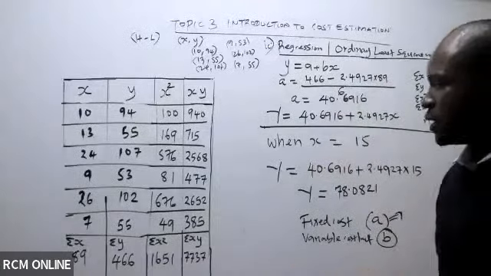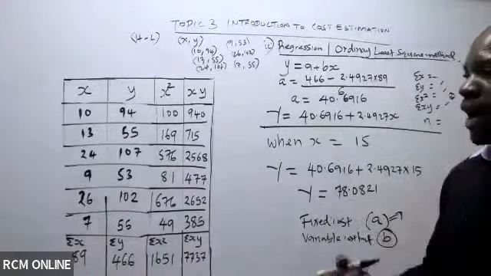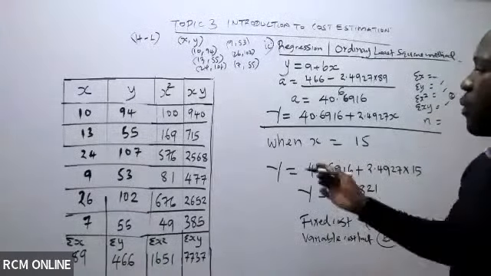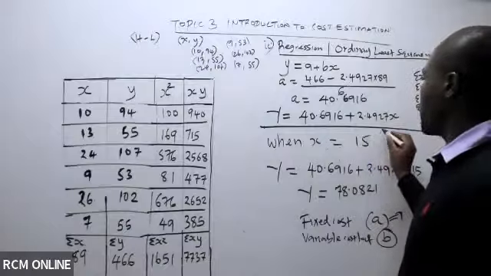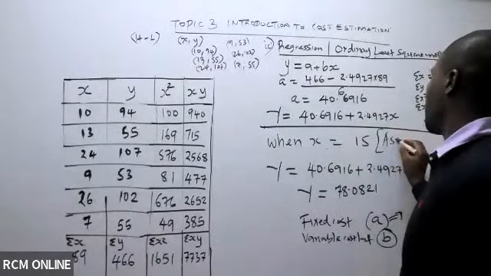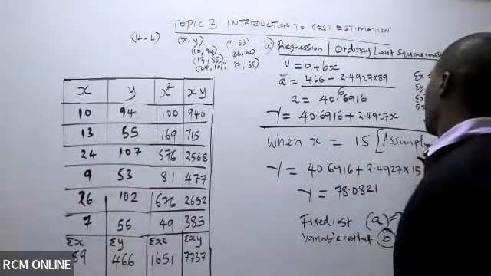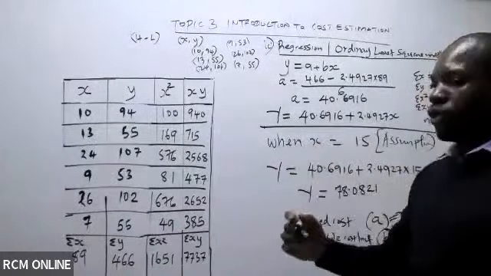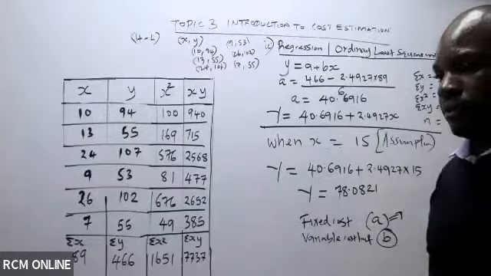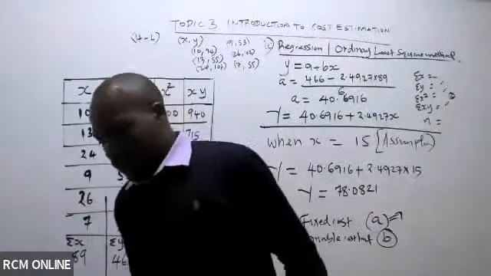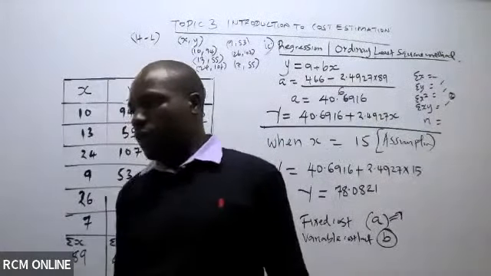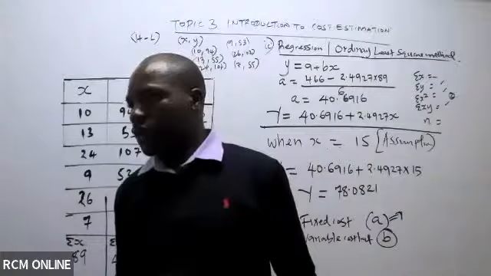Roman 2, we said, can you find the value of Y when X is 15? This is an assumption. Assume X is 15. What will be the value of Y? Good. So I believe that is clear.